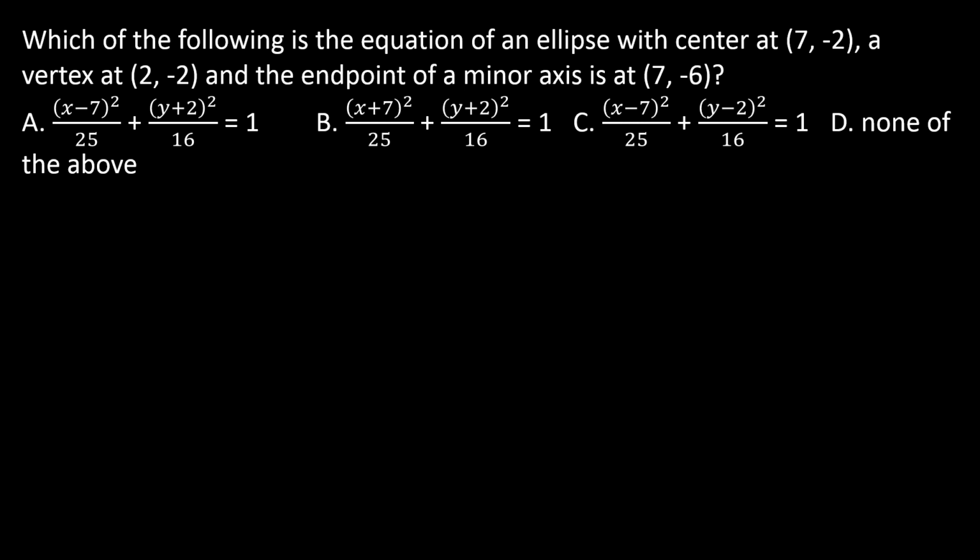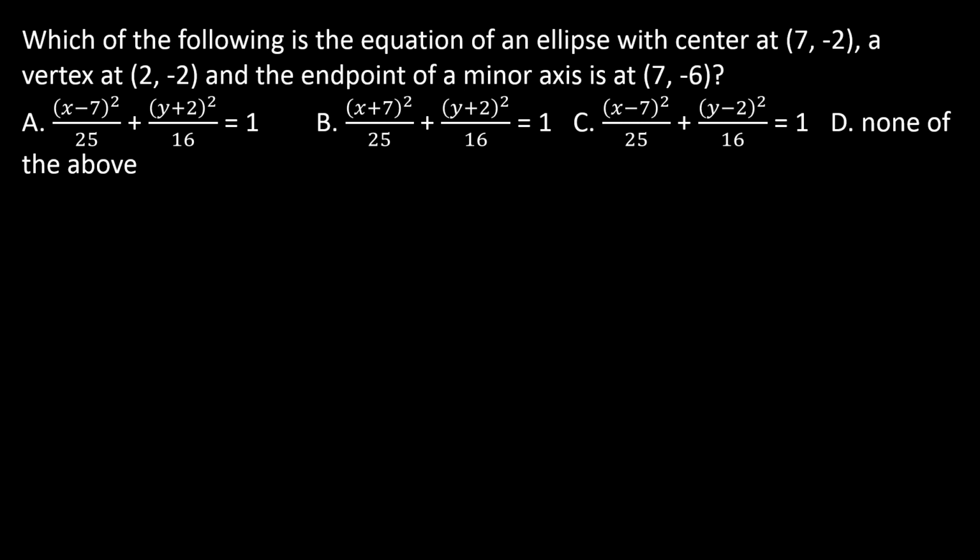Remember that in the coordinates (7, negative 2) and (2, negative 2), the first numbers have different values, 7 and 2, while the second values, referring to y, are negative 2 and negative 2.